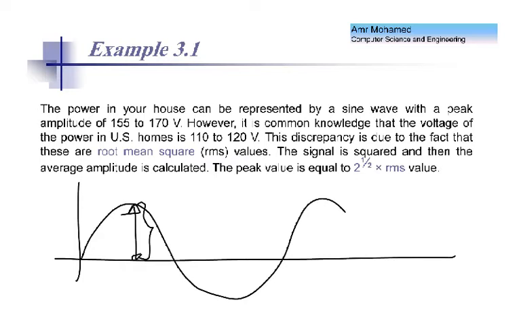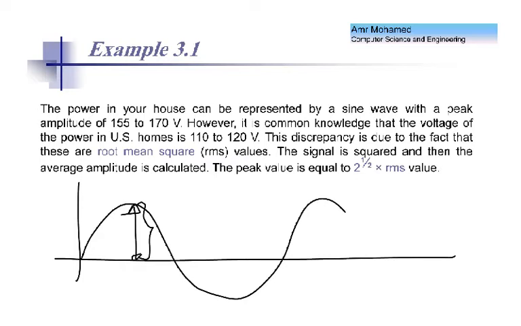In practice, the numbers that we use are not in fact represented by the peak value of the signal. They use what we call the root mean square value of the signal. So the root mean square value of the AC sine wave that gets generated from the output power is 110 in the States, and it's actually 220 here in the Middle East.